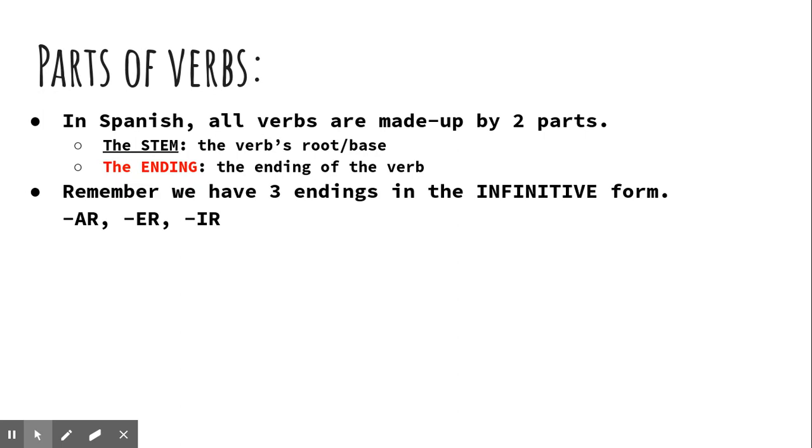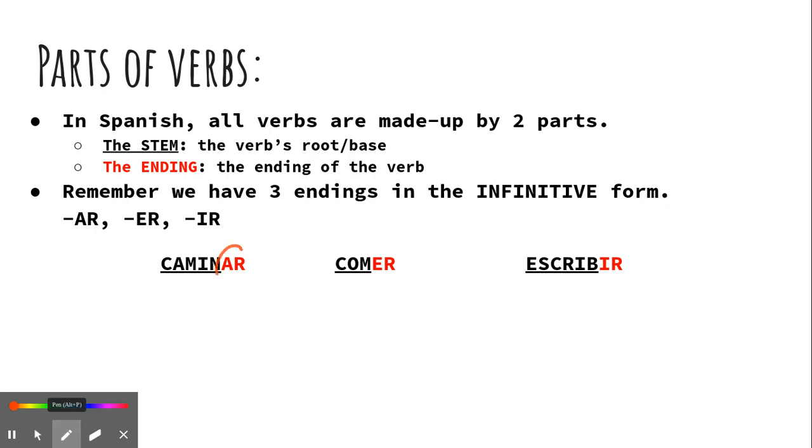Now, like we said on the previous slide, we have three endings in infinitive form: AR, ER, and IR. Let's look at those once again. The verb caminar, comer, and escribir. As you can see in these verbs, we have changed the color of the ending so you can clearly see it.